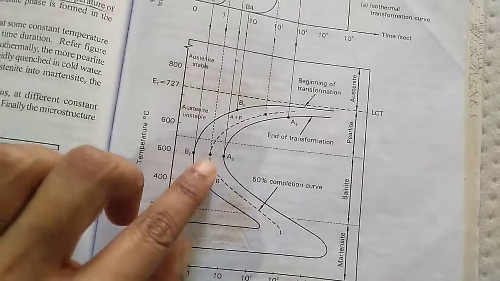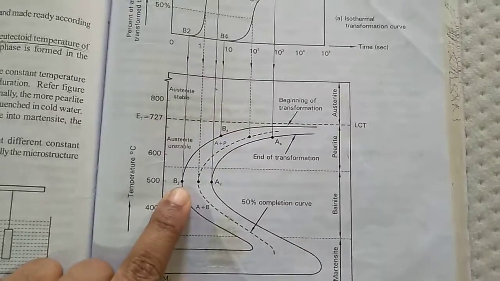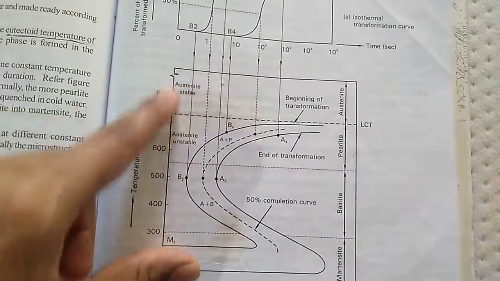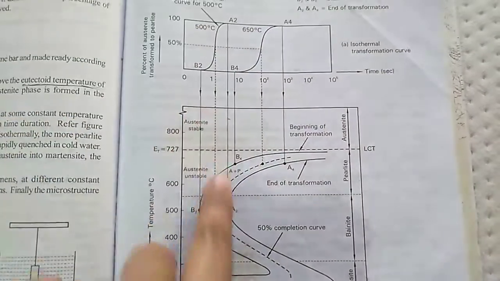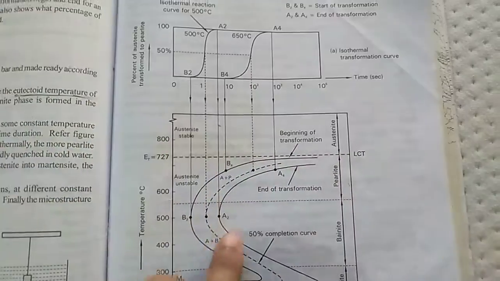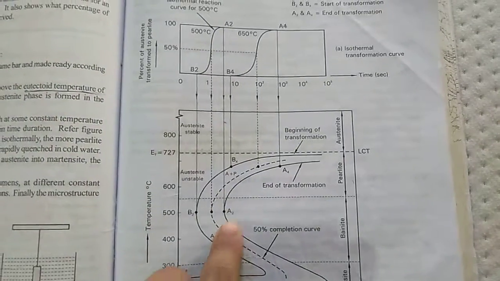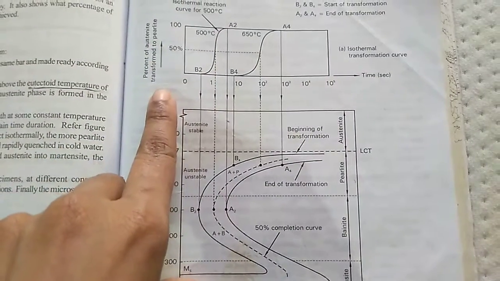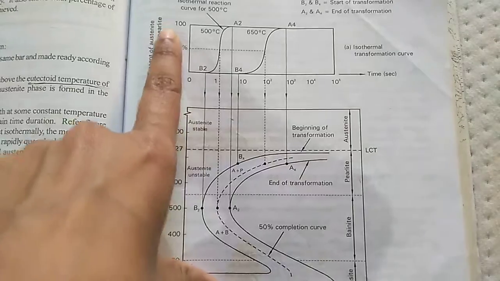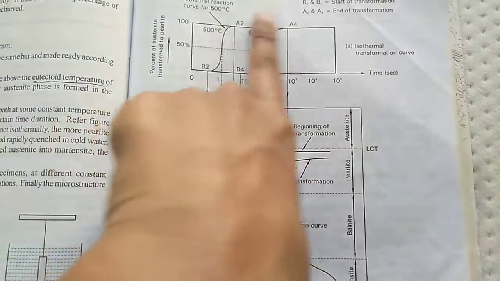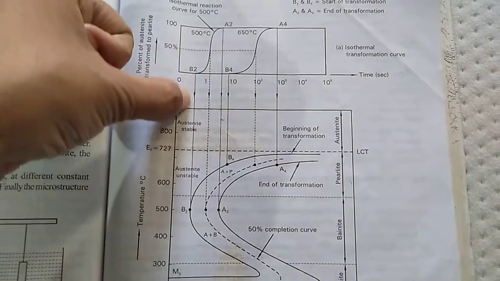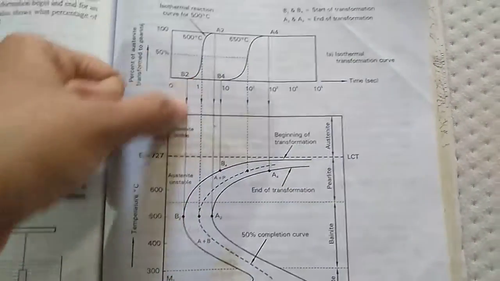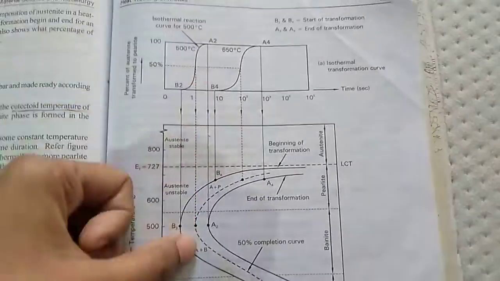What are all the transformations taking place? See, at this time this is the phase, at this time this is the phase, at this time this is the phase. You're getting the idea? The various transformations happening from austenite to pearlite are shown in this isothermal reaction. From there you are collecting the data and making this TTT diagram.